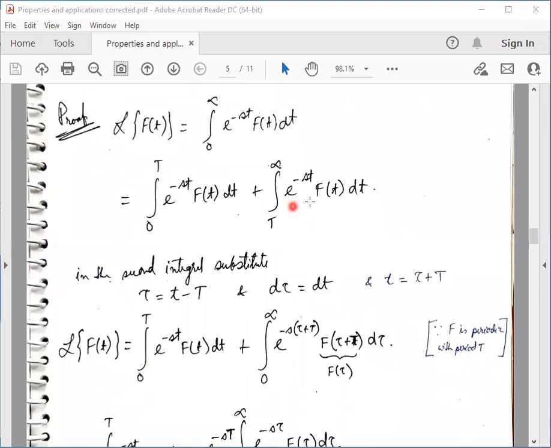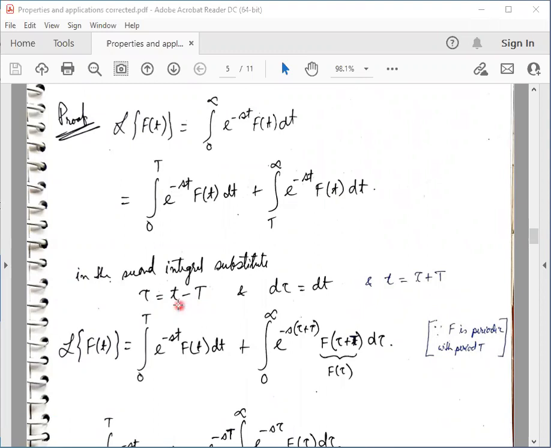Now in this second integral, we substitute t by tau. What is the relation between t and tau? Tau is equal to small t minus capital T, where capital T is the period.